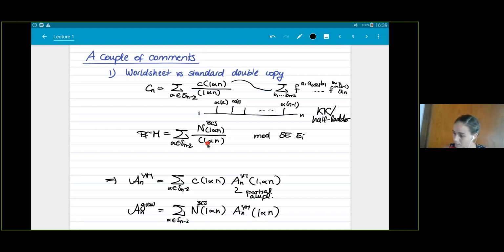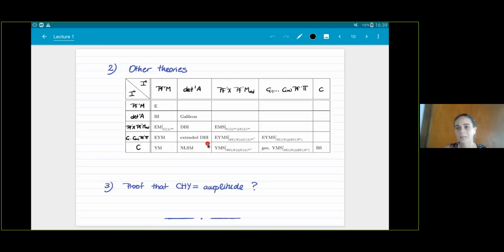Okay, so much for exploring the double copy on the worldsheet and how it relates to the standard double copy. Let me just make a few more comments about other theories in these representations. We won't talk about these in any detail, but I've listed here some that are known.